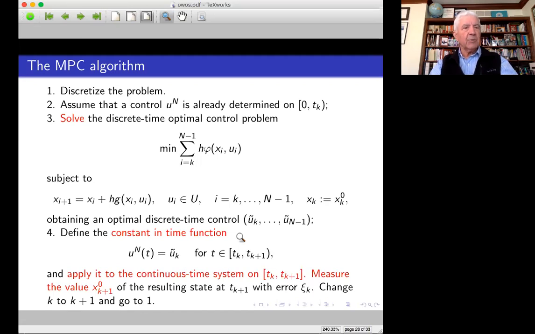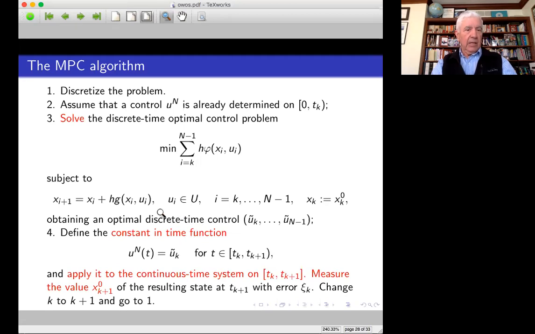First, discretize the problem, then use the following iteration. Suppose that you have already found the MPC generated control on the interval 0 to tk, where tk is one of the nodes. We discretize the optimal control problem on the remaining horizon in the same way as usual, using the Euler scheme.